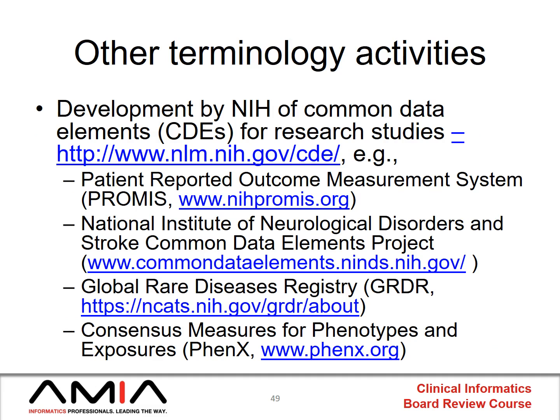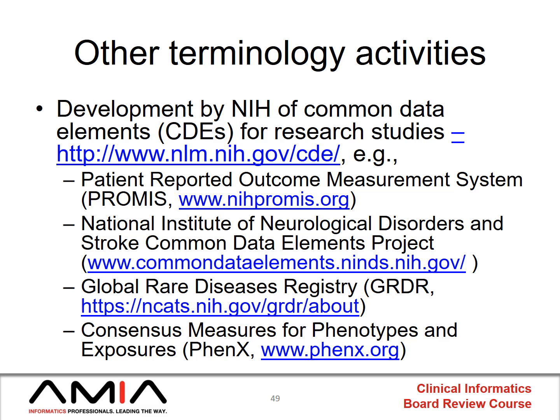There are other terminology activities worth noting. One is the development by the National Institutes of Health, which funds most biomedical research in the United States, of common data elements for research studies. The idea is to create common elements that researchers in a given area can use so their data will be more comparable.